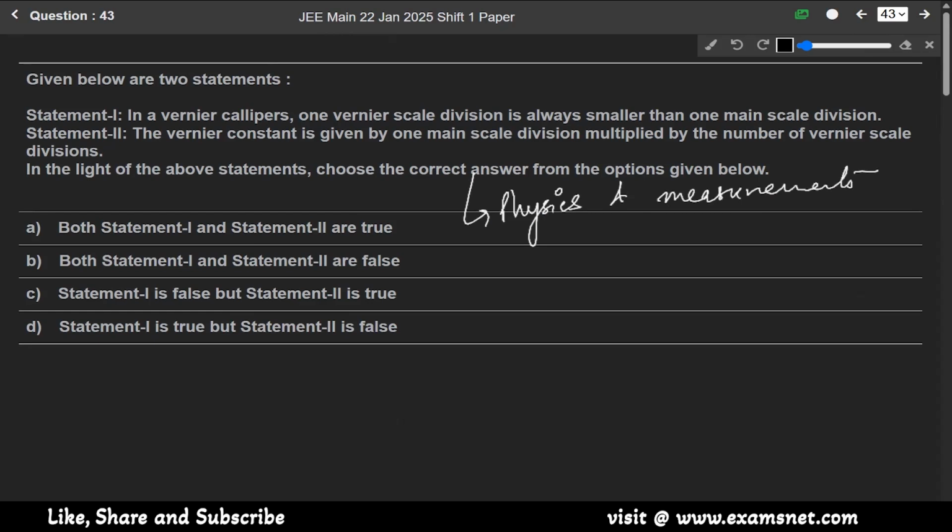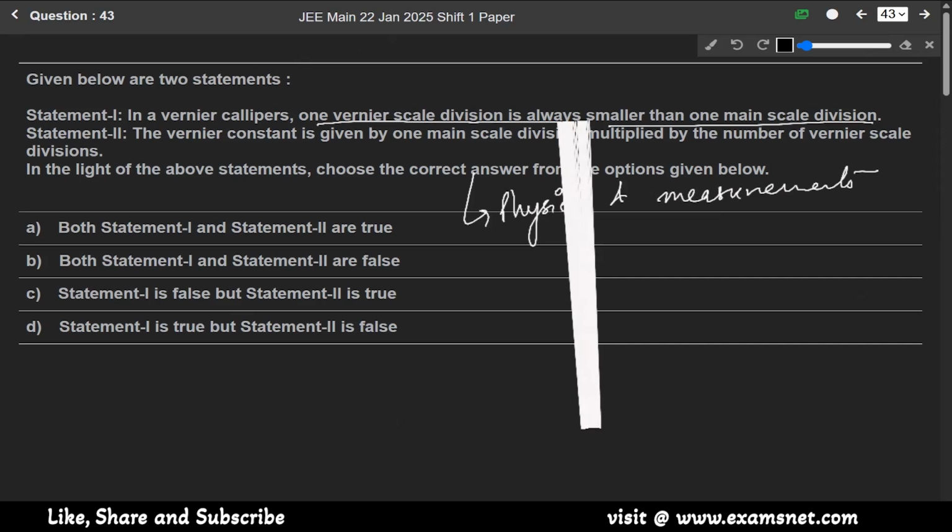According to the first statement, one vernier scale division is always smaller than one main scale division. But we know that one vernier scale division is not always smaller than one main scale division. So this first statement is wrong.